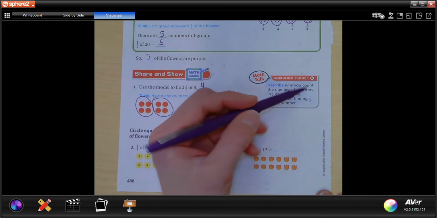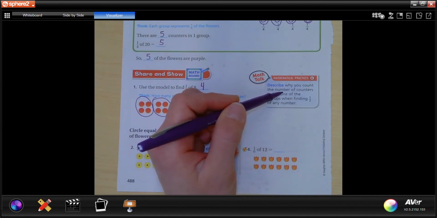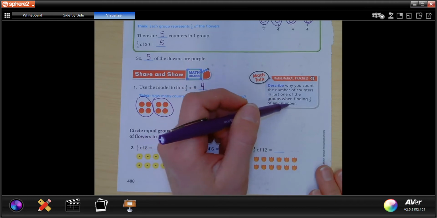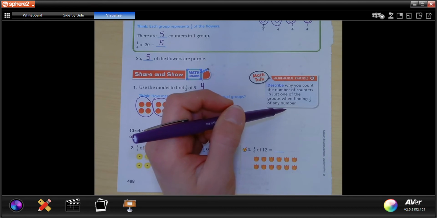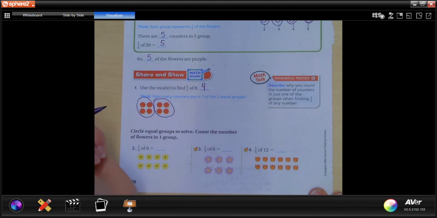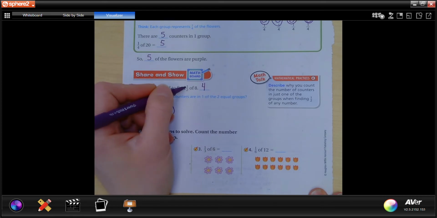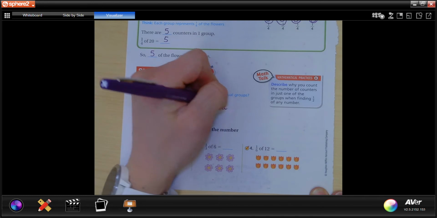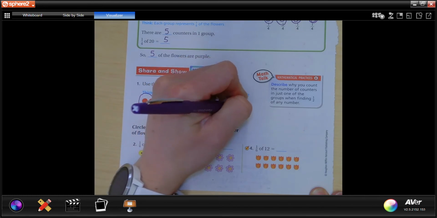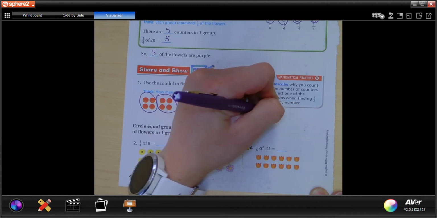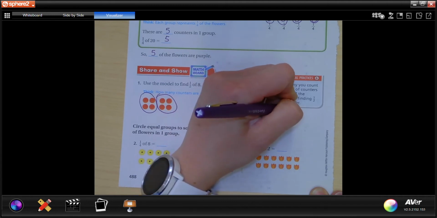Describe why you count this number, or the number of counters, in just one of the groups when finding half of any number. Well, we do this because the numerator, what's the numerator? It's the top number, right? So the numerator in 1/2 is 1.